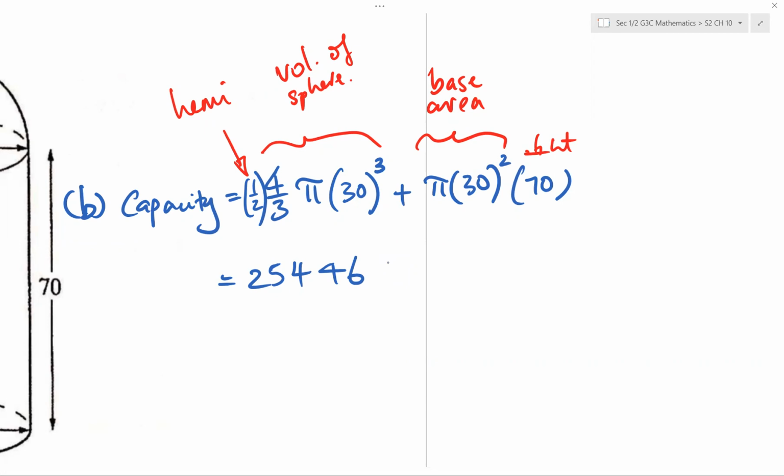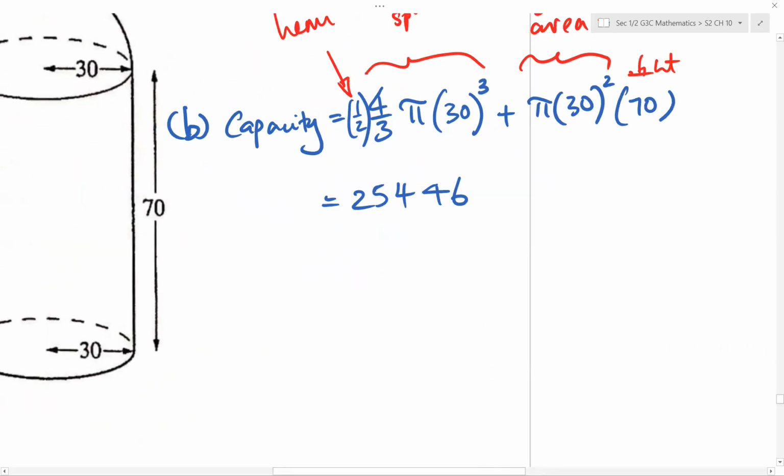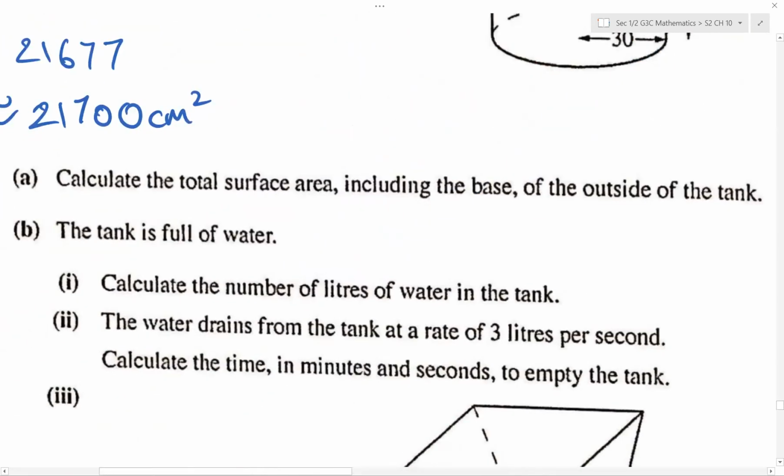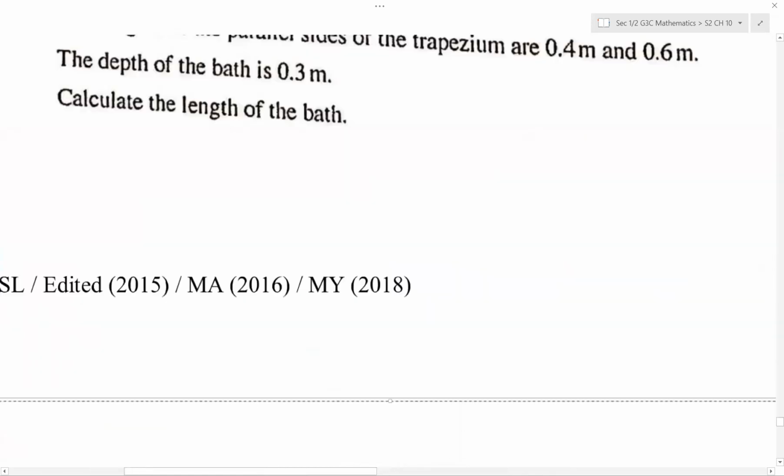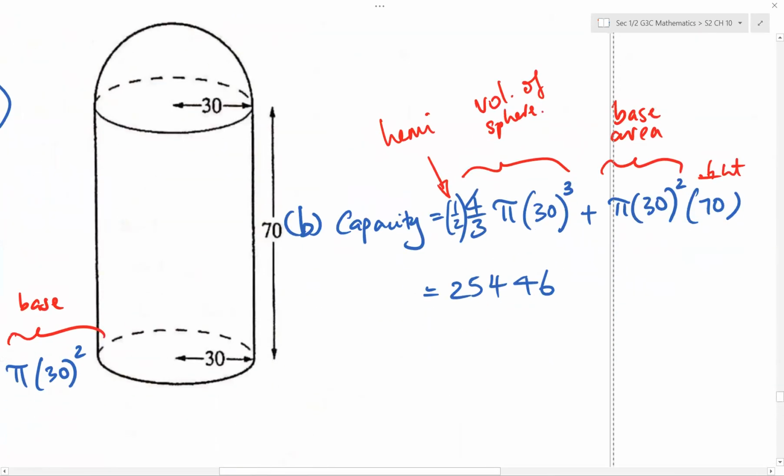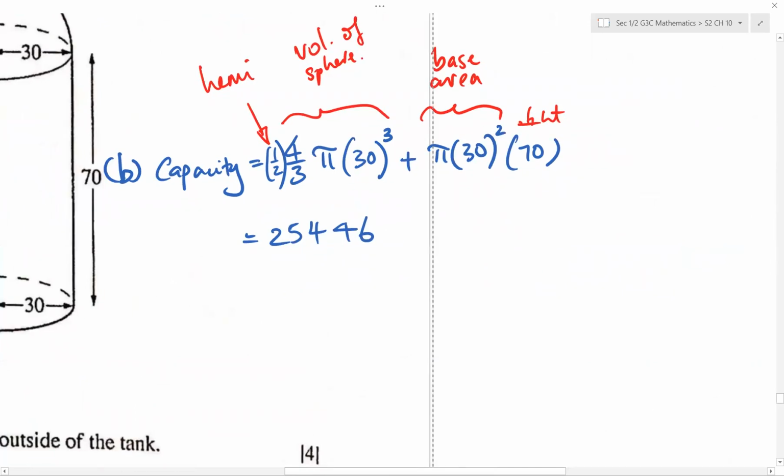What's the value? You answer or not? No answer, eh? 254469. Okay, never mind. 3 SF.